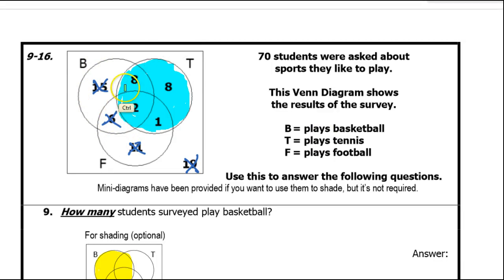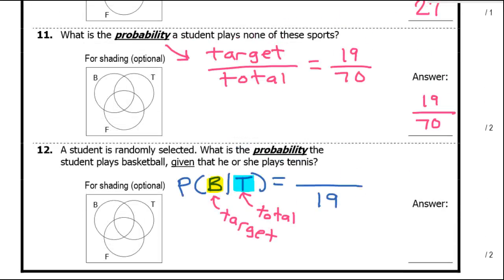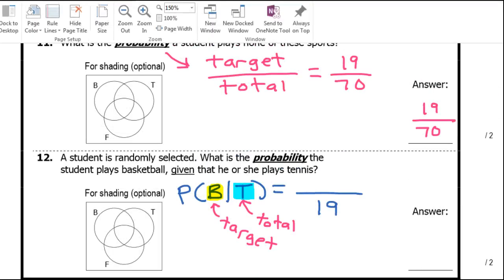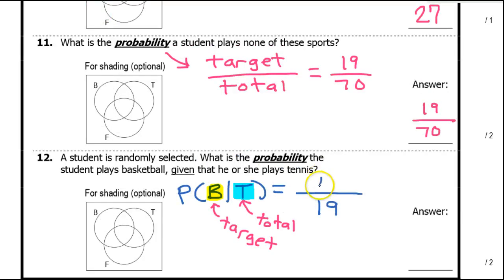So the target is just the B's that are inside the new total. So can you see that 8 is a B and 2 is a B? So this is the target. So that's why the target is 10. So that's why the numerator is going to be 10. So that's why the answer is 10 out of 19.